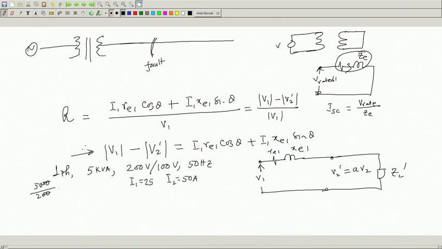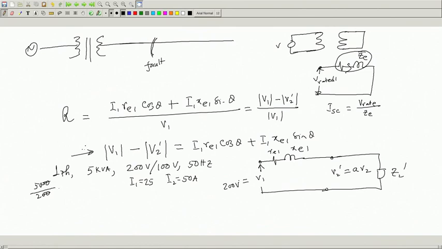Now, suppose I have applied rated voltage, 200 volt, on the primary side. Please be with me, listen carefully.